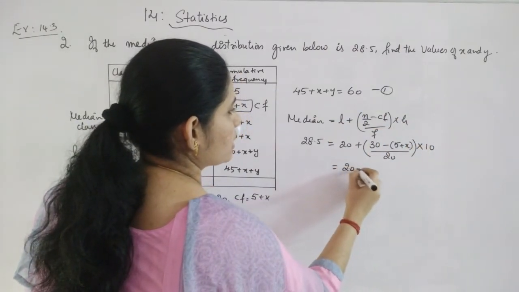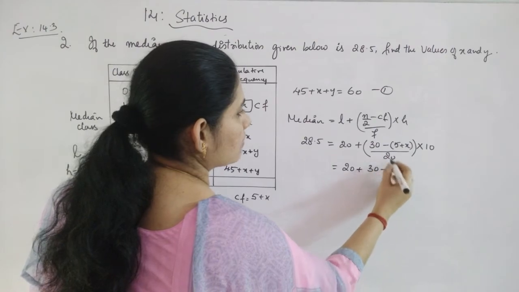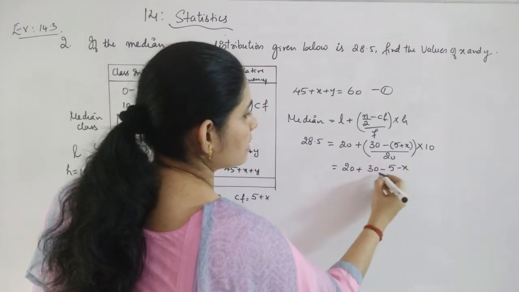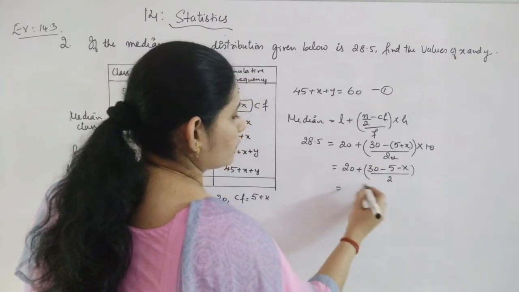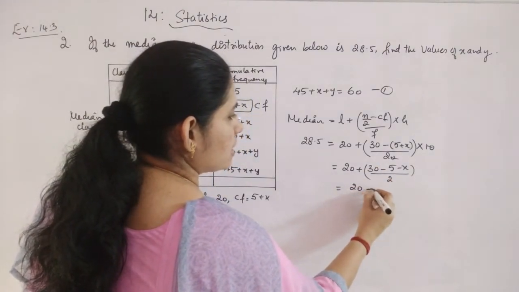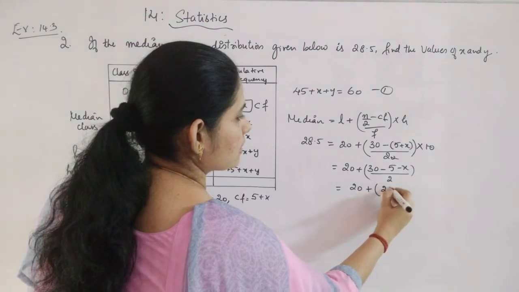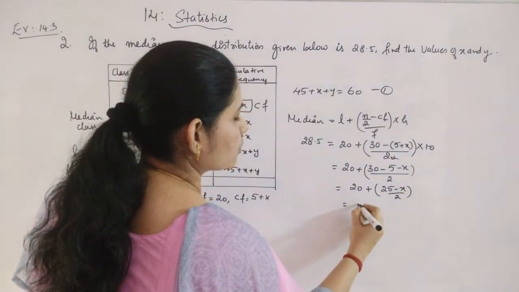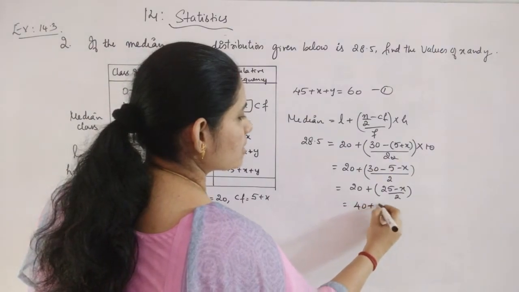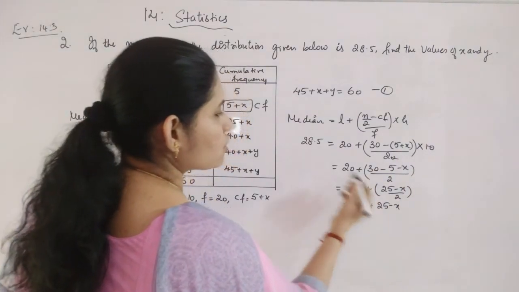You are getting here 20 plus (30 minus 5 minus x), right? Divided by, this will give you 2. So this is 20 plus, here it becomes (25 minus x) by 2. Now taking the LCM will give you 40 plus 25 minus x, and this 2 will go there.